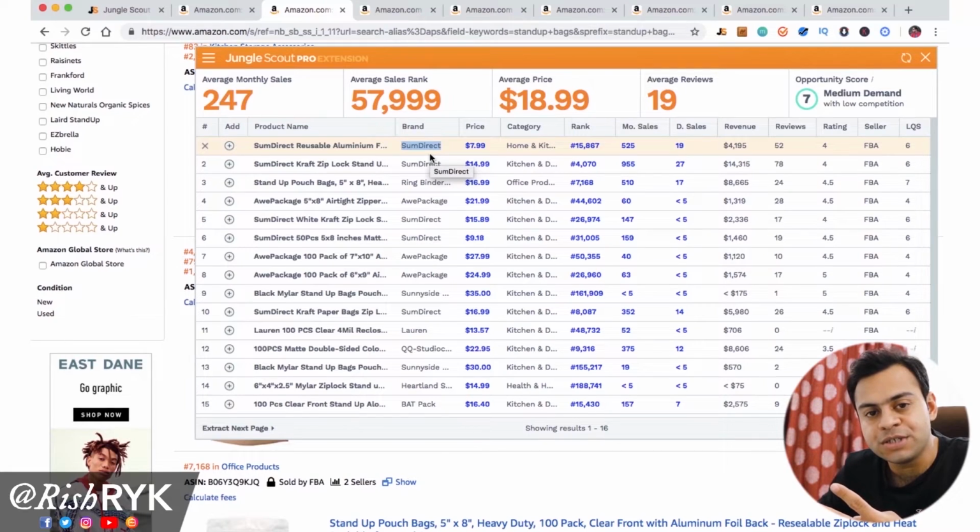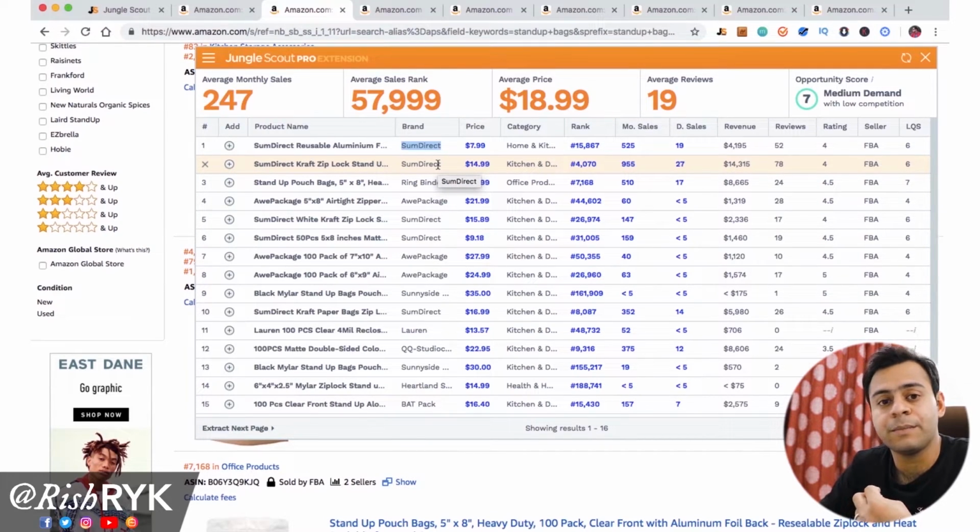The second thing you should look for is a brand here which is one of the big brands in the market. For example, it could be Amazon itself, Amazon Basics, or any big company or big plastic manufacturer that produces this kind of product.